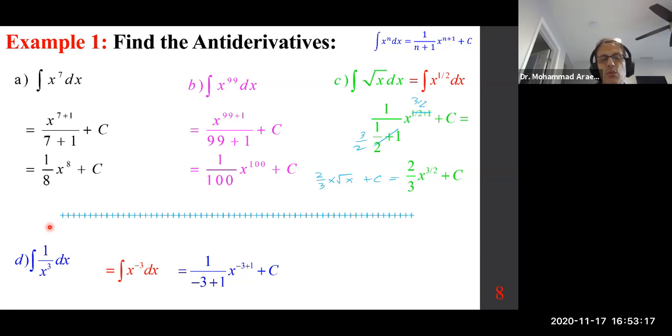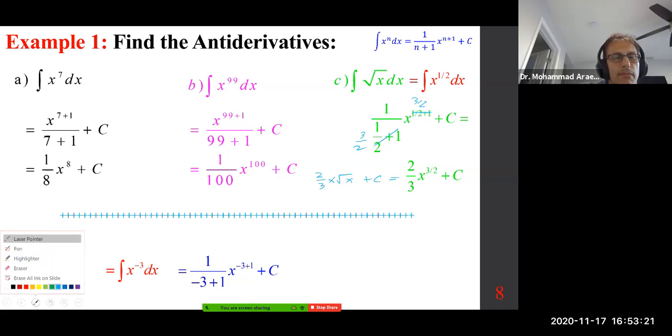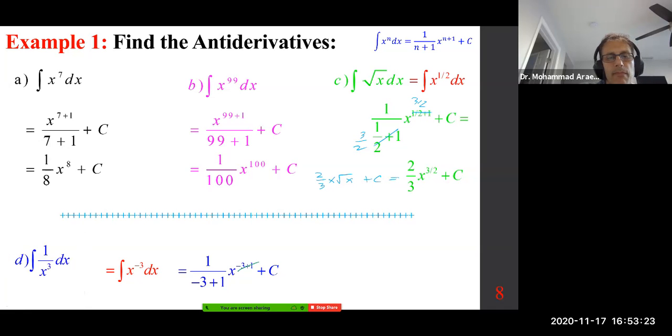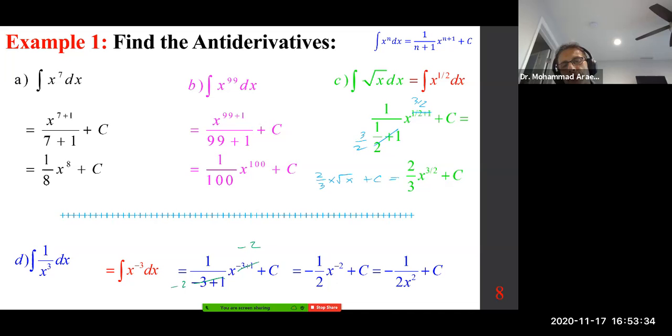Obviously, -3 plus 1 is -2, right, everybody? And so you put it underneath, and that takes care of the business. Make sure to get rid of the negative exponent, class, and make it positive by putting it in the denominator.